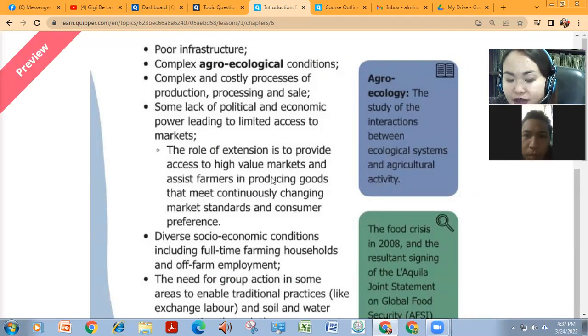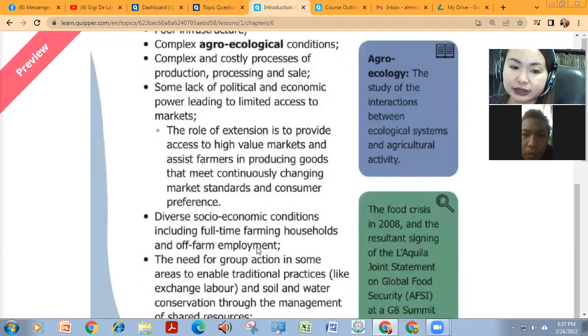So they have access to high value markets and they can assist farmers in producing quality goods that meet market standards and consumer preferences.